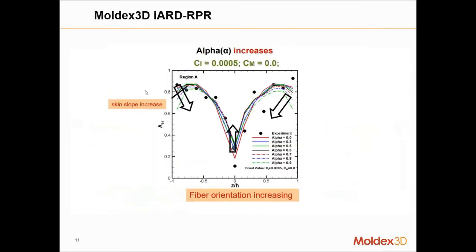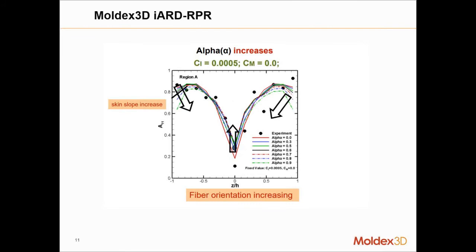And then the alpha really just allows us to control the slope transition from our shell region to the skin area. So these three parameters are things that we are constantly studying to be able to accurately predict what the fiber orientation is going to be in the model, and therefore increase the accuracy of the simulation when it comes to the final modulus of the part.